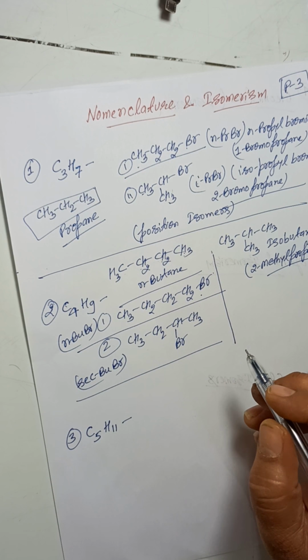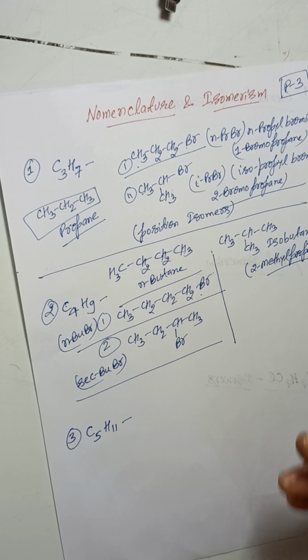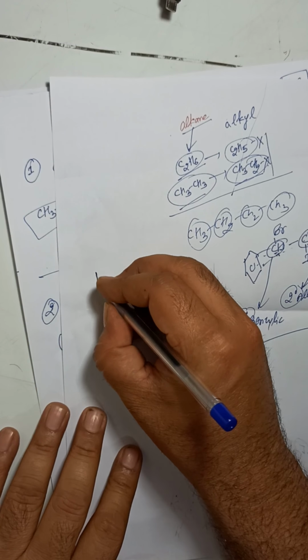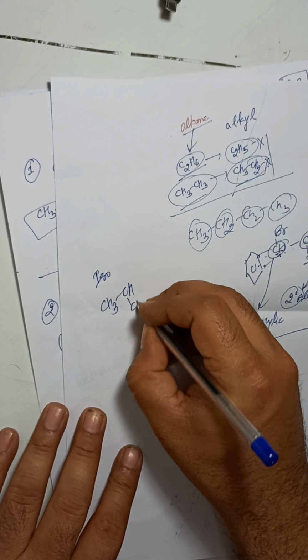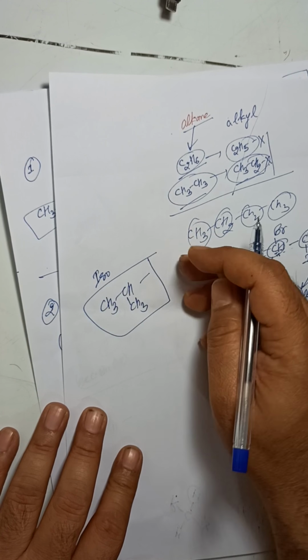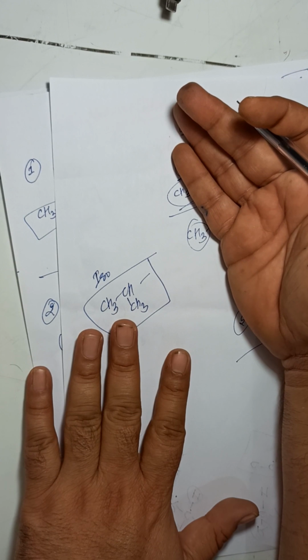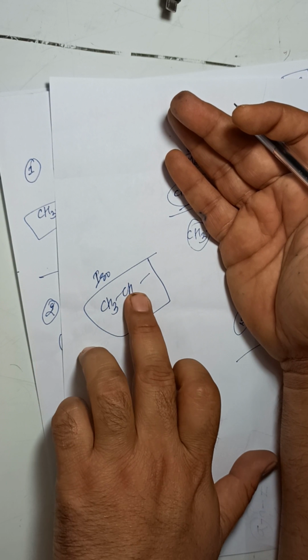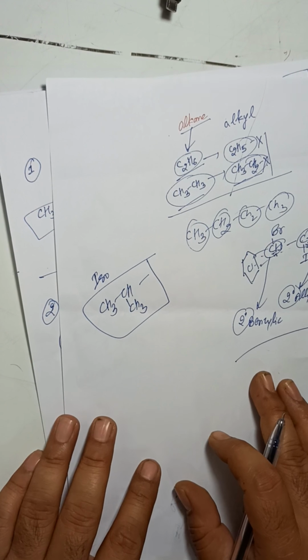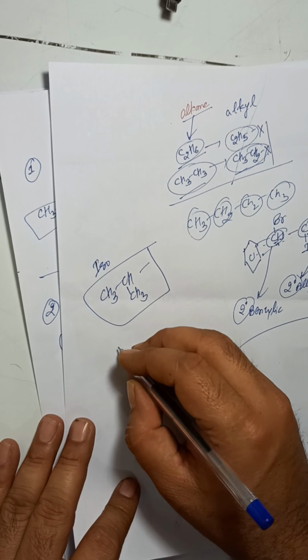Okay, iso. Remember this thing. This thing is called iso, not psycho. Iso: CH3, CH, CH3, with the group further attached. Okay, n.